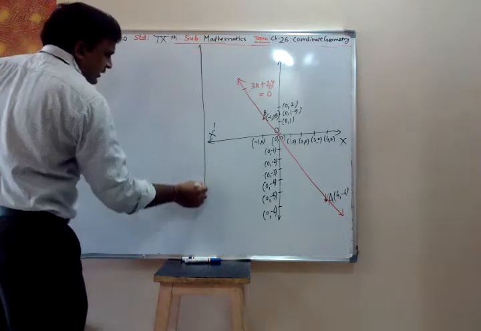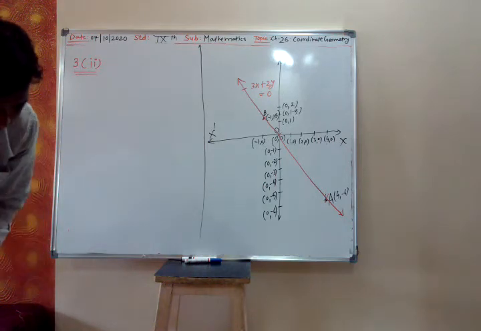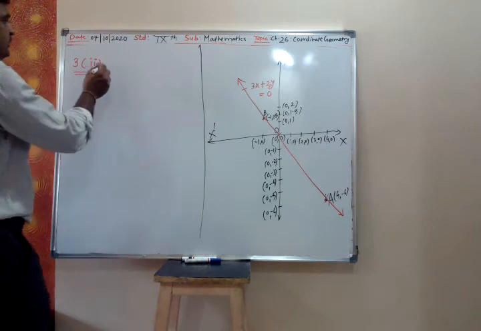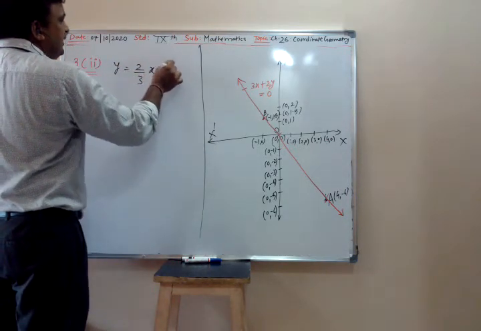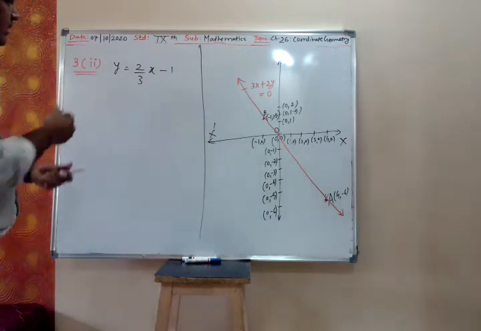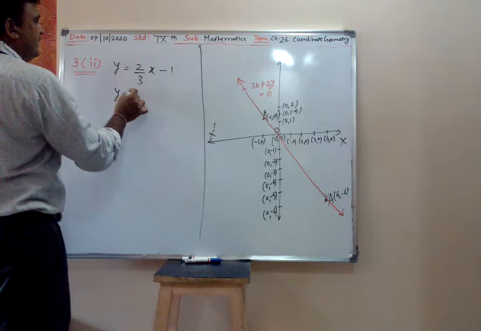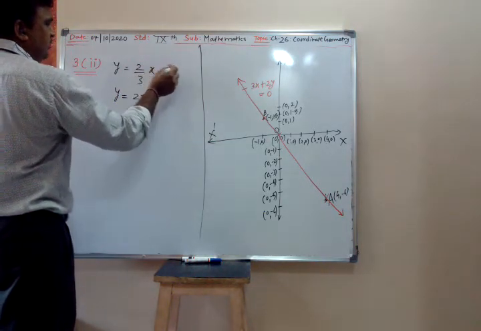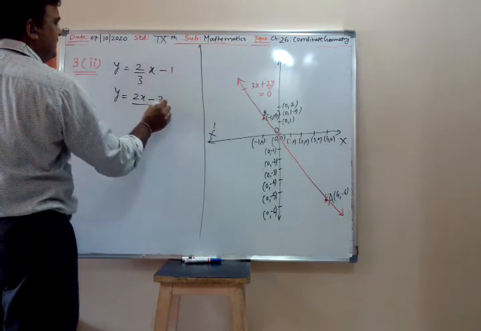My dear, same thing. The second one is y is equal to 2 by 3 x minus 1. So now let us solve this. First you simplify. Take the LCM: y is equal to (2x minus 3) upon 3.